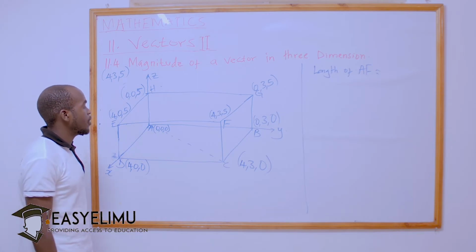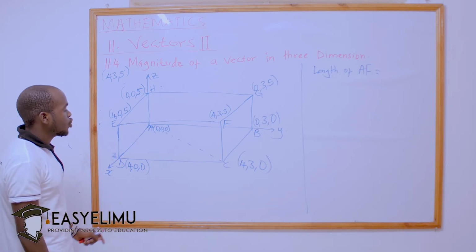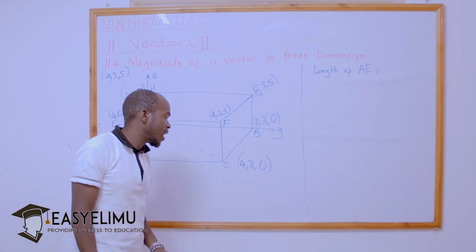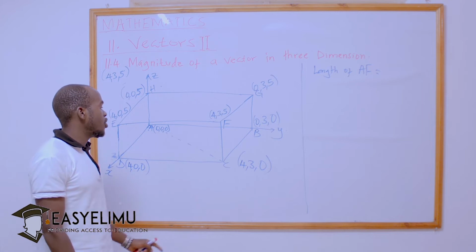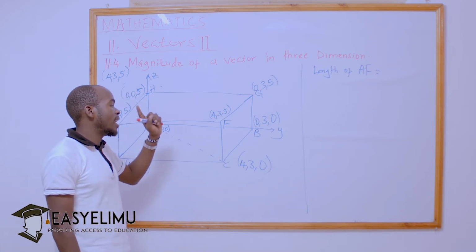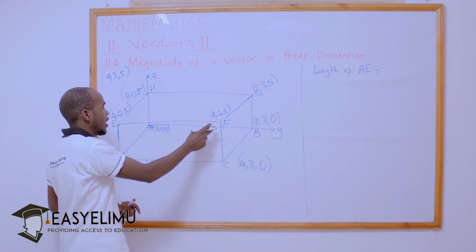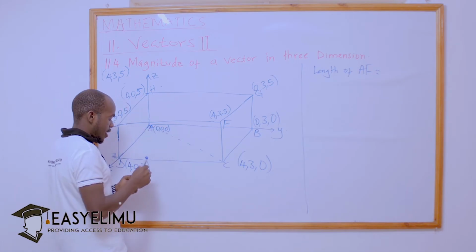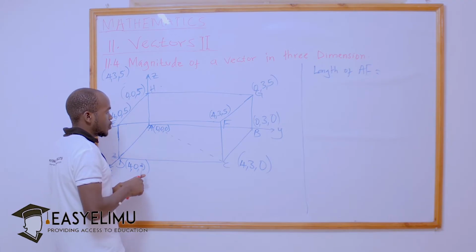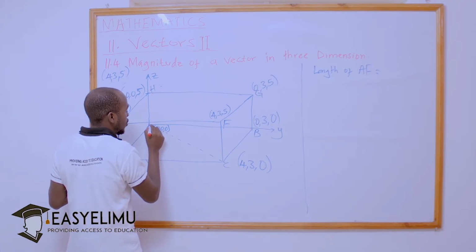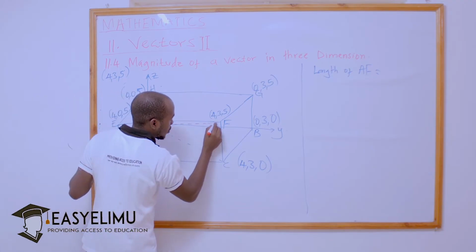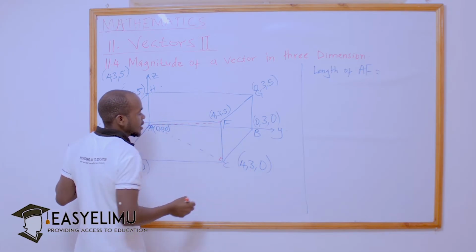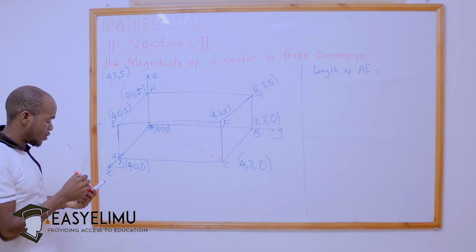After finding the triangle of A to C, you calculate the length of AC first. After getting AC, you will use that AC to calculate the length of AF, from A to F. So it is a right angle triangle, where the base here makes 90 degrees.